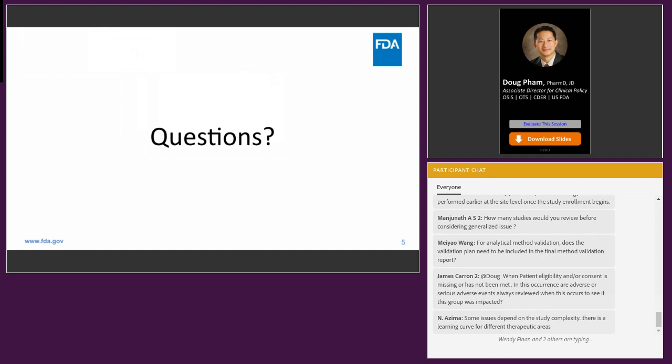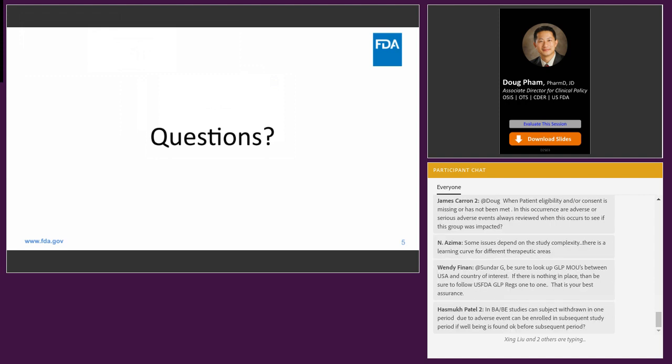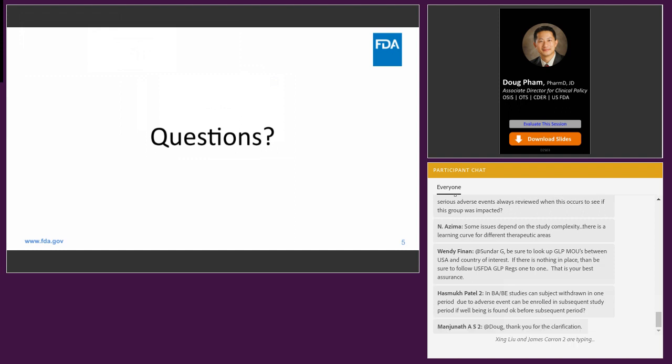So when a patient is, and I'm going to paraphrase, ineligible, or if the consent is missing, is this an adverse event or a serious adverse event? Always reviewed when this occurs to see if the group is impacted. I think that's a harder question because it depends on the facts of the case.